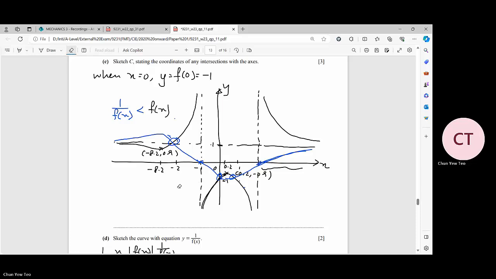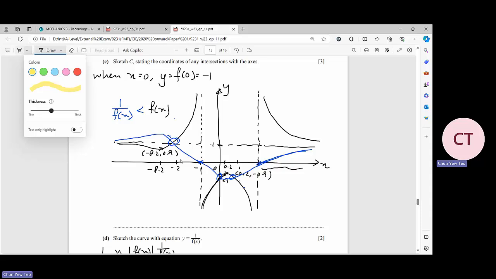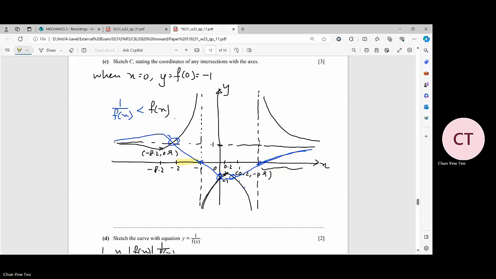Oops. This portion. That means we only want it to be this portion. We want it to be at this portion. Here, here, and here. That will be the answer.